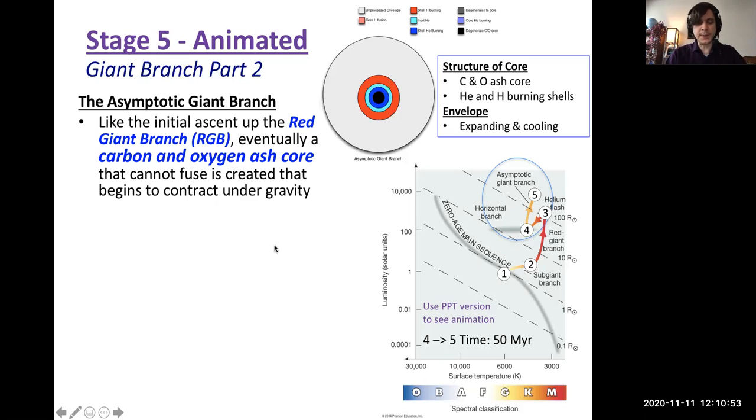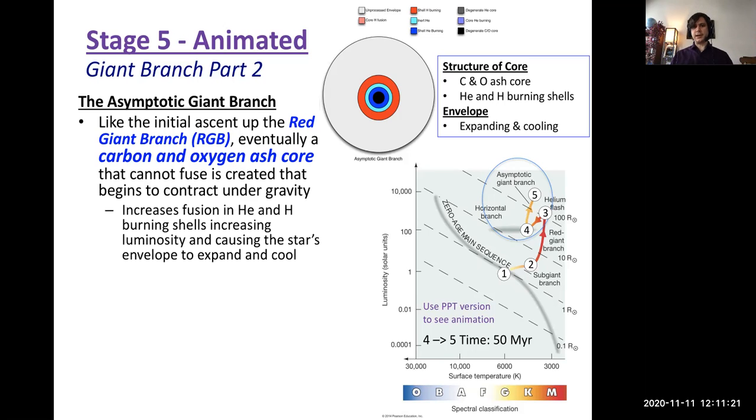So with our carbon oxygen ash core, that means that there's no fusion happening in it. The temperatures aren't high enough for carbon and oxygen to fuse into any heavier element, which means that gravity is again going to start to win in that part of the core, and it's going to start contracting under gravity. And as it contracts, that part is going to heat up, and it's going to heat up the entire core of our now asymptotic giant branch star.